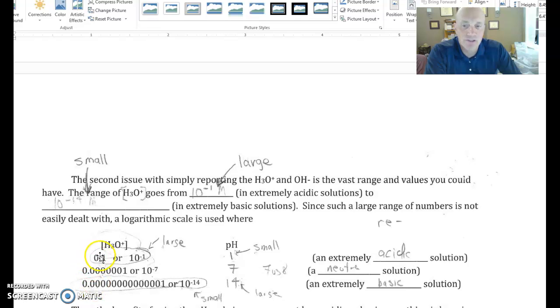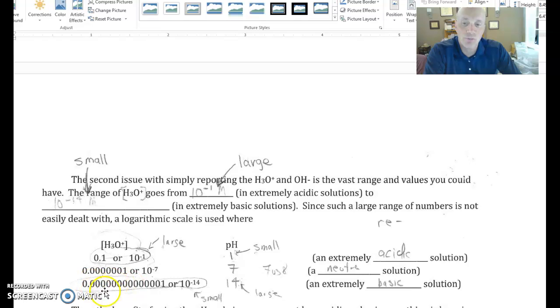So by comparison, the difference between high and low here is way, way bigger than the difference between the highest salary in the world and the lowest salary in the world, or the highest weight human in the world versus the lowest weight human. In neither of those cases would you have to move the decimal 13 times to get from one to the other. So it's very inconvenient to deal with numbers that are this different from each other.